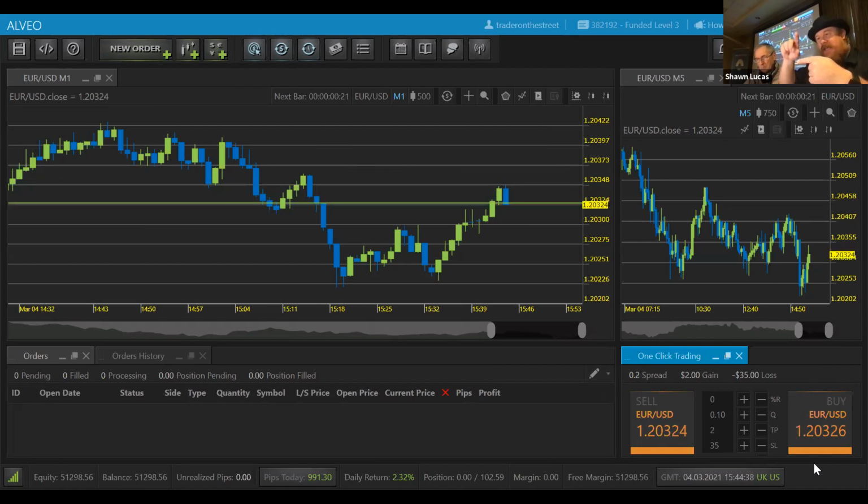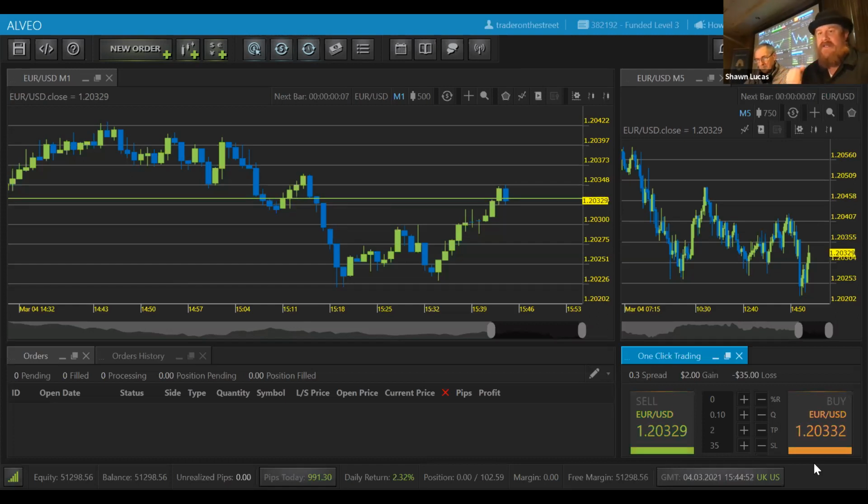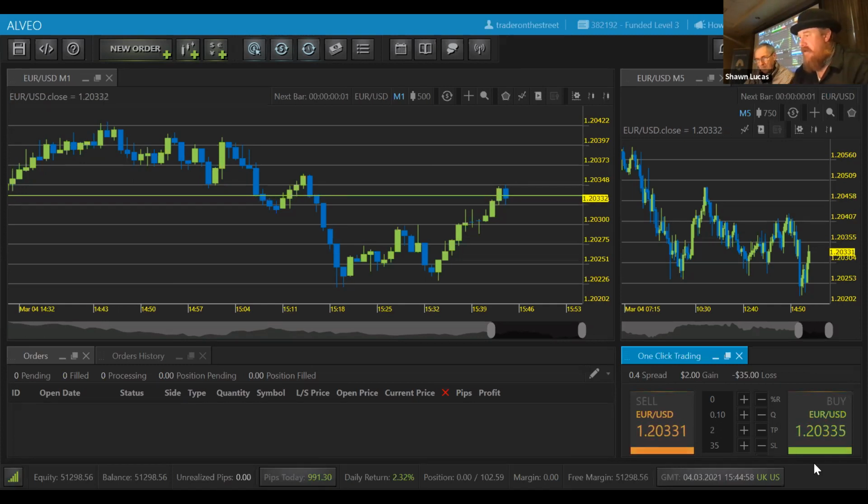As we get away to the top, sellers bring it back down to the line. As we get away to the bottom, buyers come in and push it back up to the line. So I don't think we're going to see anything truly run away until the Fed announcement later.